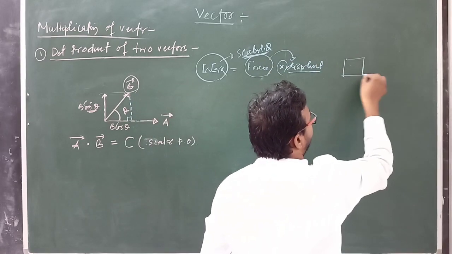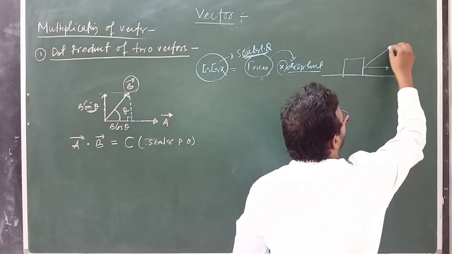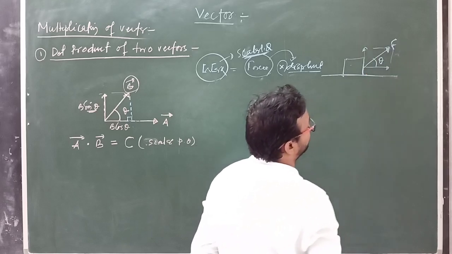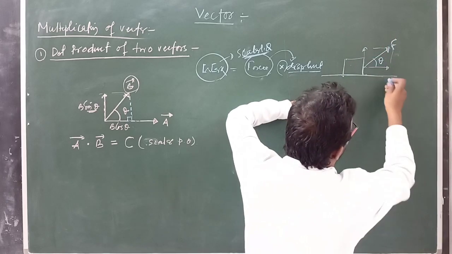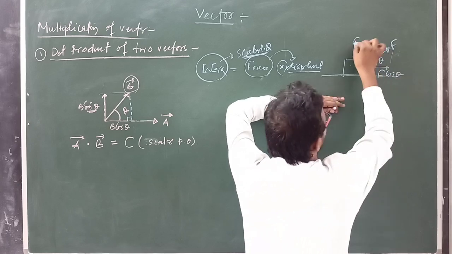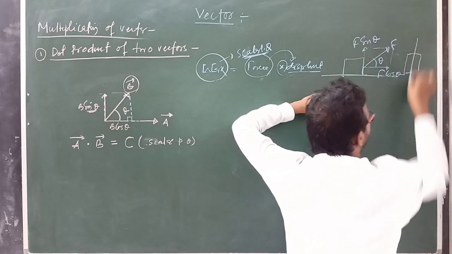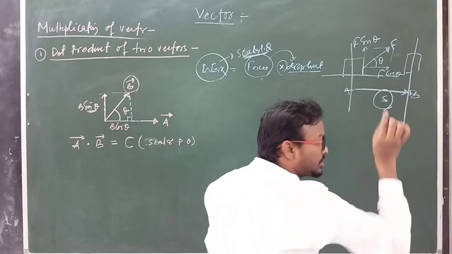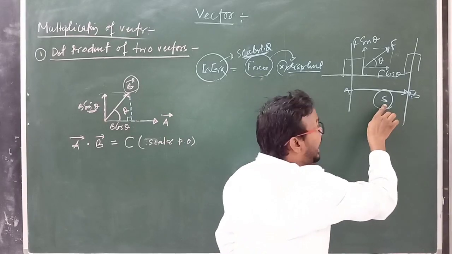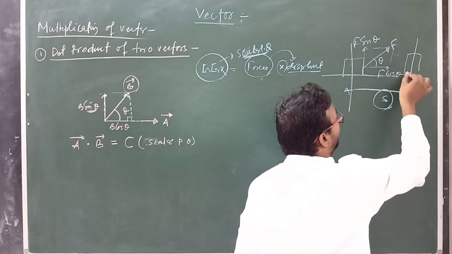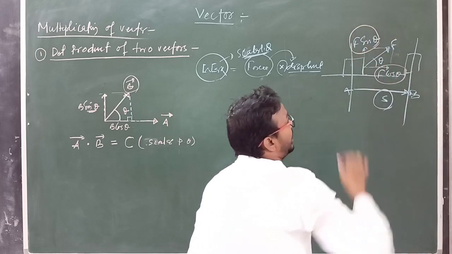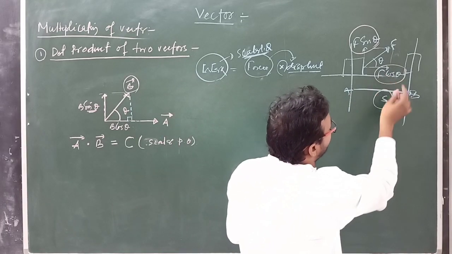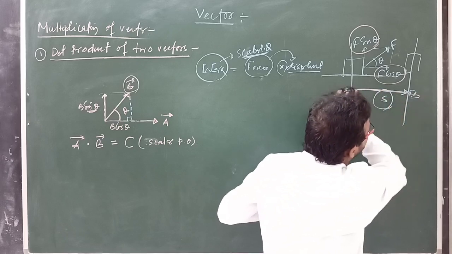Means suppose the body is displaced in this direction and force is applied in this direction at angle theta. Then at that time we have to draw two rectangular components: this component is F cos theta and this component is F sin theta, and the body is displaced from position A to position B. Suppose this is displacement S. So we have to take the force along the direction of displacement, means the same line of action.